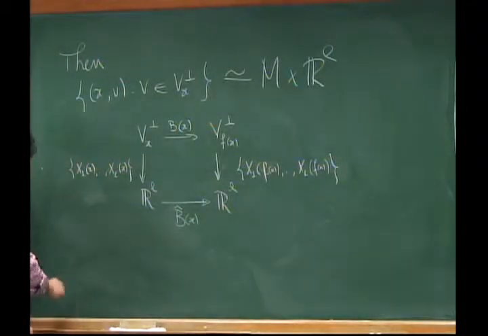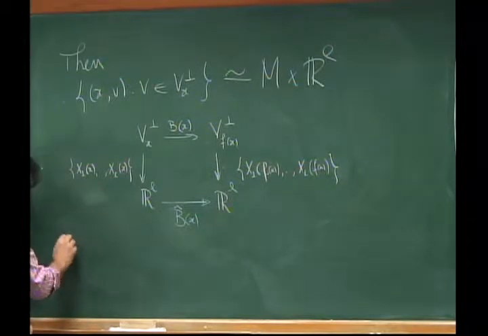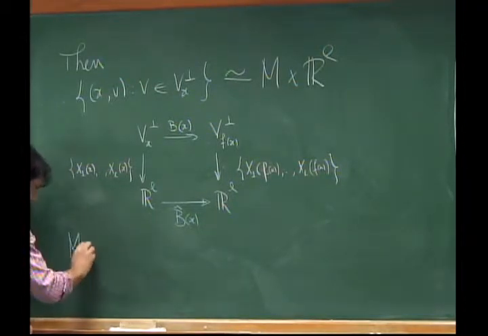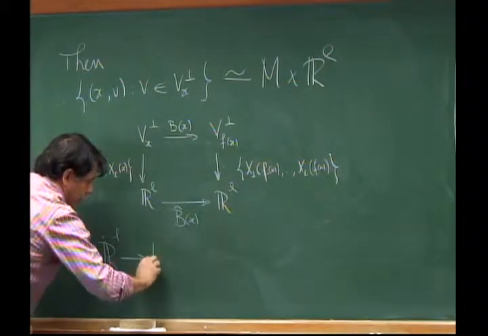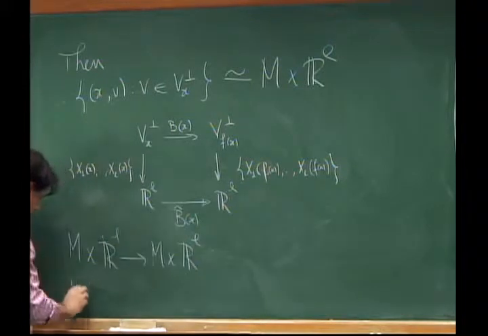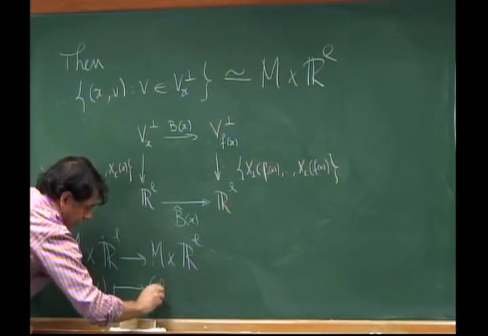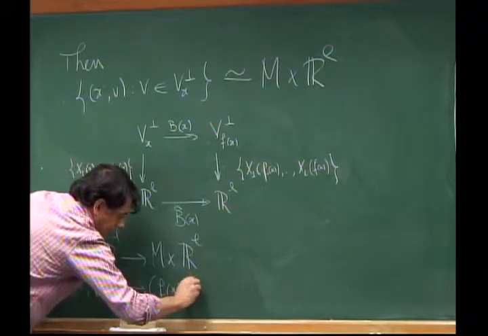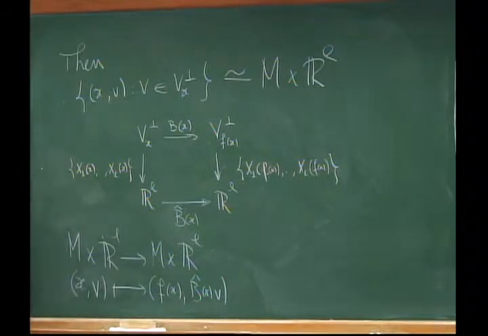And now the cocycle that I'm talking about is the cocycle that goes from M cross RL to M cross RL, sending x, v to f of x, B hat x of v. This is just that one in new coordinates.